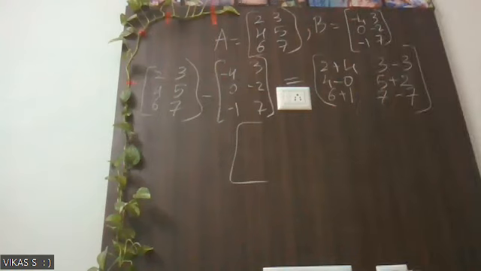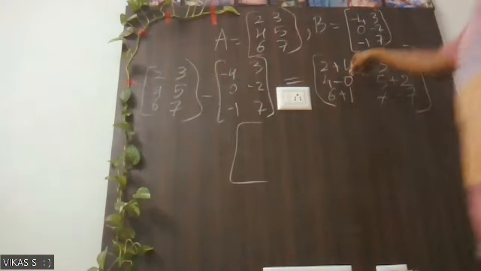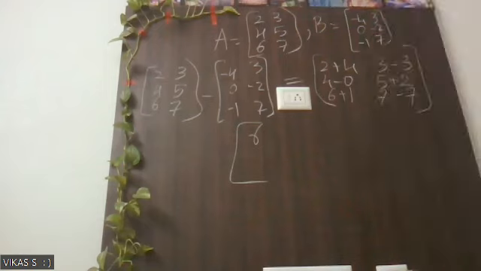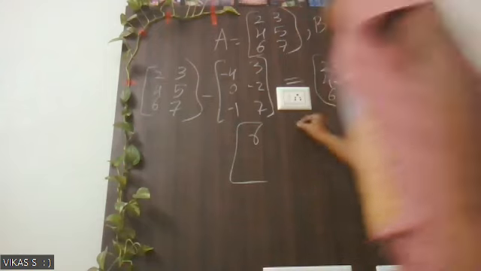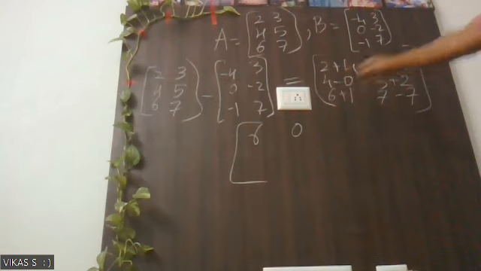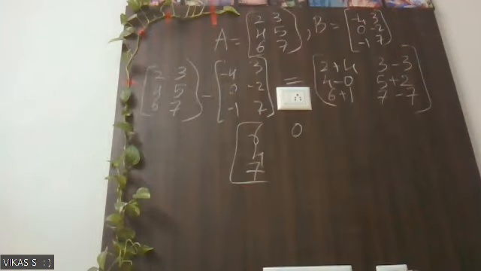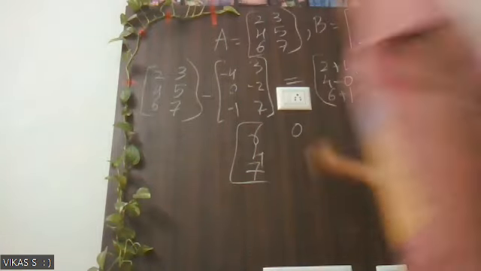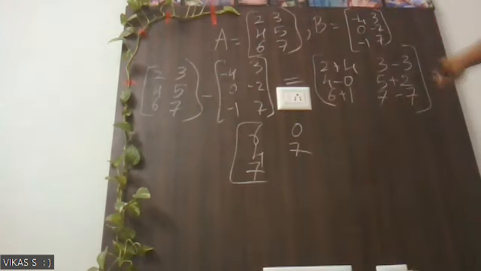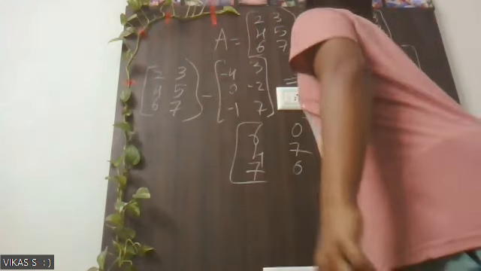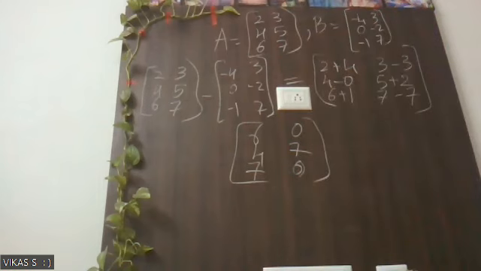So what will you get the answer as? 2 plus 4, 6. 3 minus 3, 0. 4 minus 0, 4. 6 plus 1, 5 plus 2, 7 minus 7. This will be your answer. Is this correct?